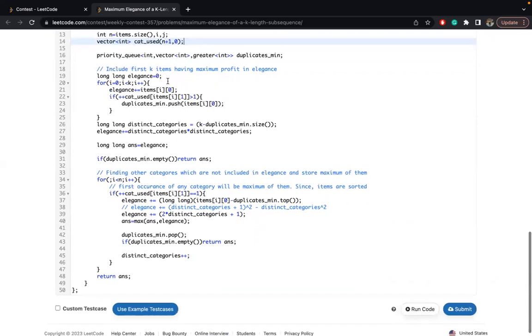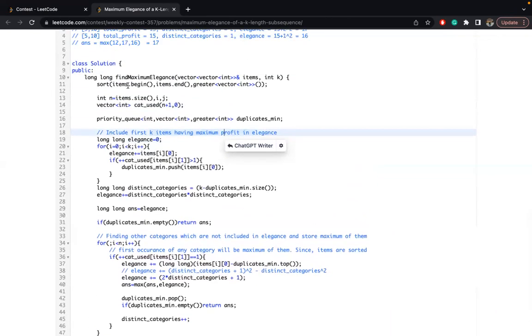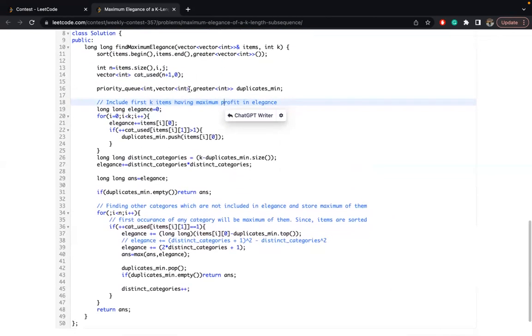And then we will be calculating elegance for the first default subsequence. The first default subsequence will have the first k items having maximum profit, since we have sorted items in decreasing order. So we are going through the first k items, and we are keeping duplicates.